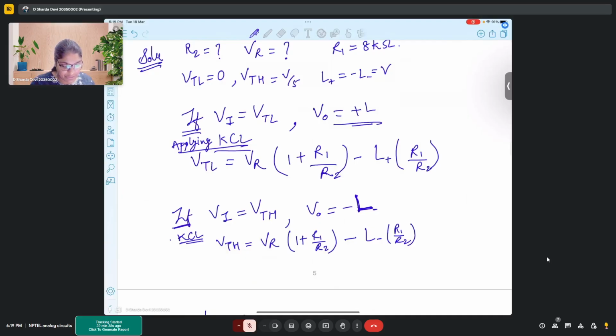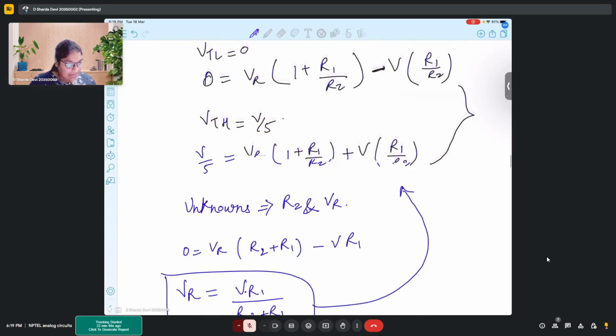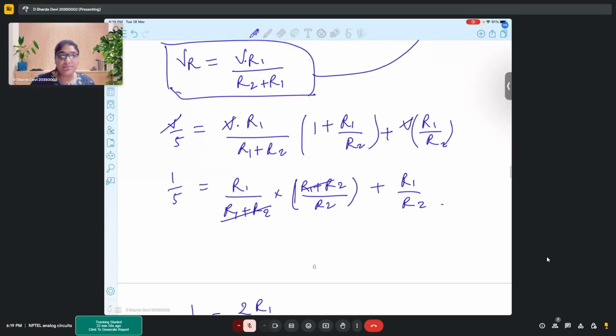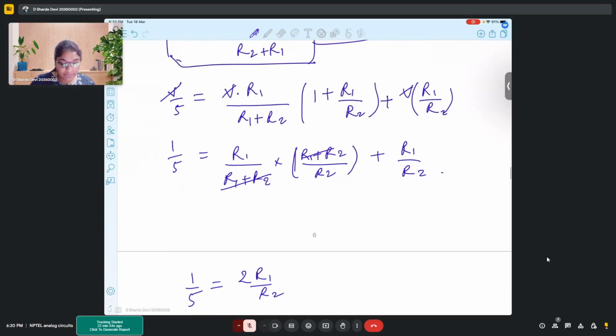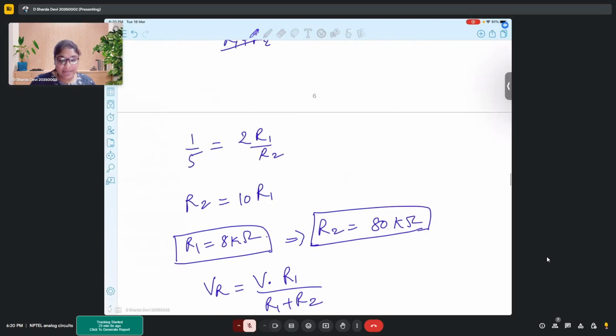We simply substituted the value of VTL and VTH and the corresponding output values, and we simply found out the results. Any doubts in this particular problem? It was simply a straightforward calculation, right? Is this clear? Yes, ma'am.